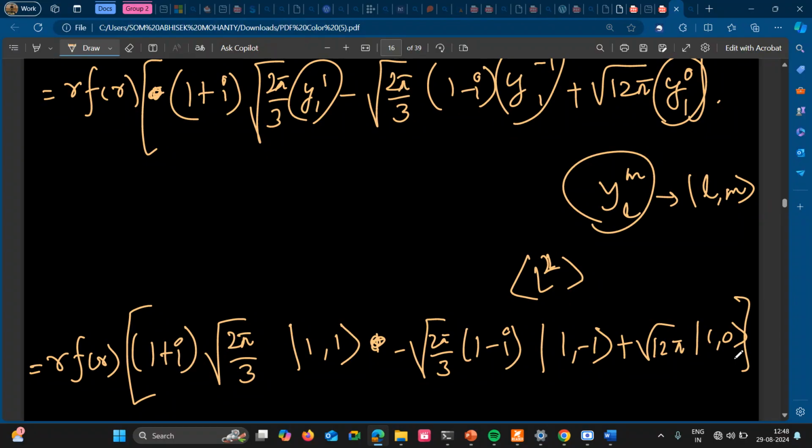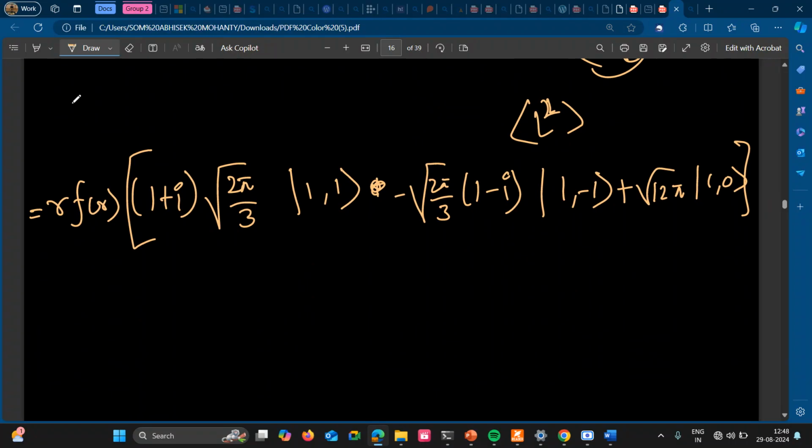If you see, this is the wave function. We don't know whether this wave function is normalized or not. So I can put a normalization constant n, and we can get a normalization from them. So how will you get it?